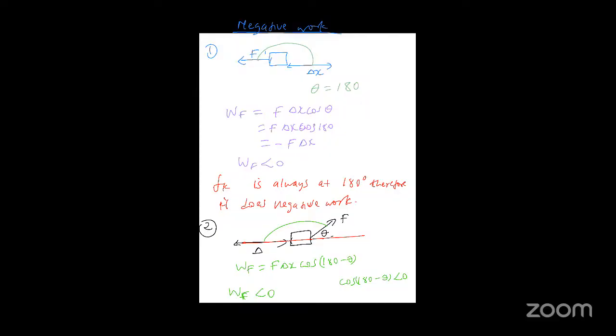Number 3. Zero work. Then we do some examples. When do we say zero work is done? Zero work is done by a force that is applied at 90 degrees to the displacement.